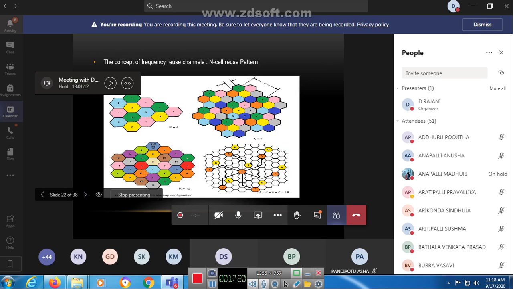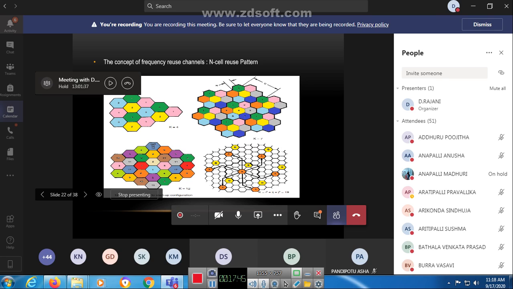So see here. This is one cell, and here I will give the numbering also: 1, 2, 1 and 3. These two cells, green color and blue color, both use the same channel. At that time, co-channel interference will occur.